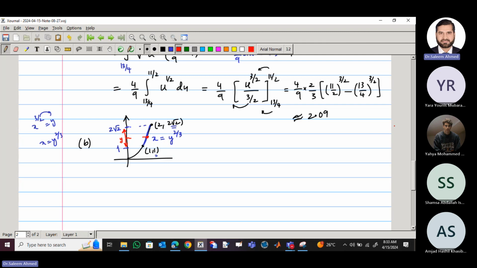So my formula will become here: L is the integral from 1 to 2 square root of 2 of square root of 1 plus dx by dy squared. From here I have to find dx by dy now, because my formula uses dx by dy. So it is 2 by 3 y to the power 2 by 3 minus 1, so that is 2 by 3 y to the power minus 1 by 3.